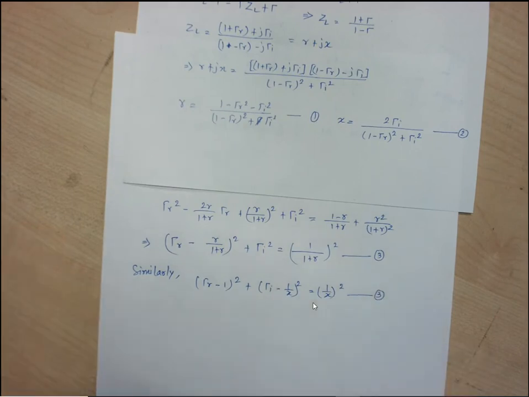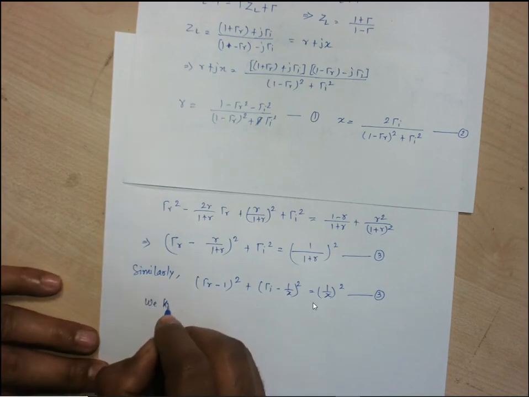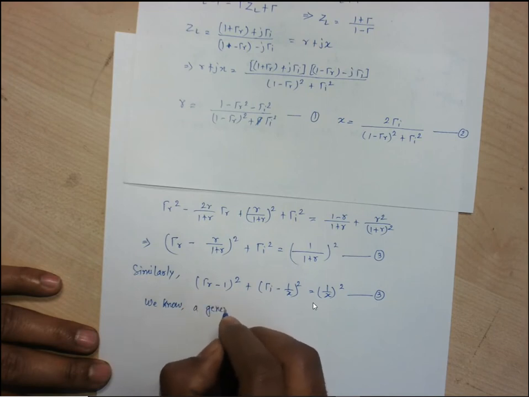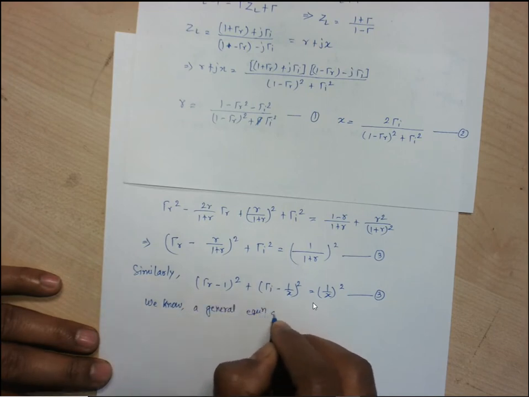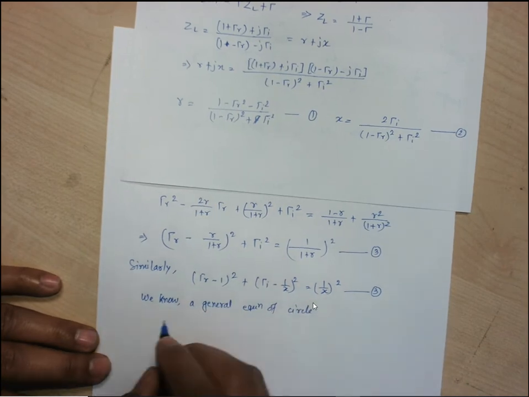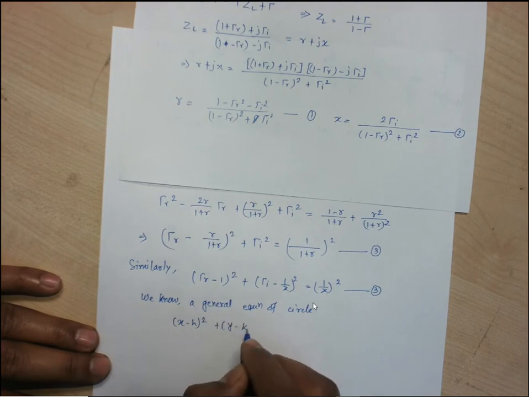So obviously these two equations have a known form. It is the equation of a circle, right? We know the general equation of a circle is x minus h whole square plus y minus k whole square is equal to a square.